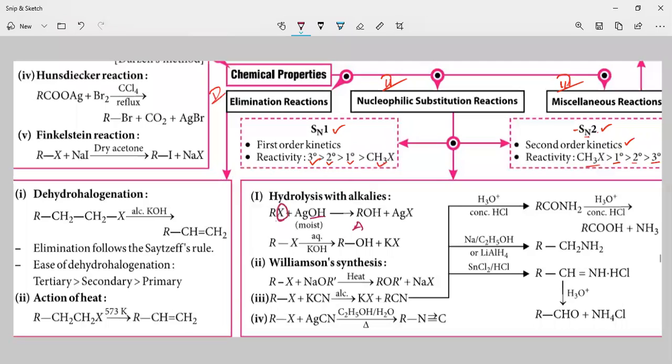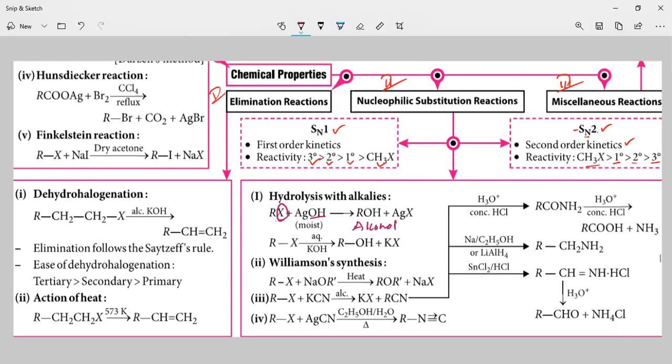When alkyl halide undergoes this reaction, we call it hydrolysis with alkalis. Alkalis are solutions containing more OH minus ions. So when alkyl halide is treated with AgOH, we get alcohol.